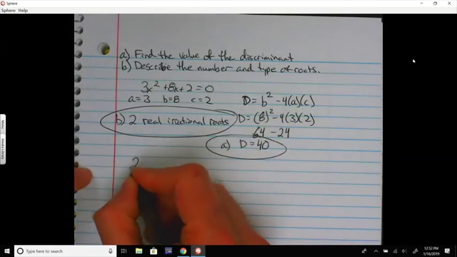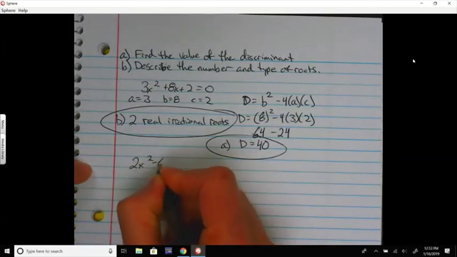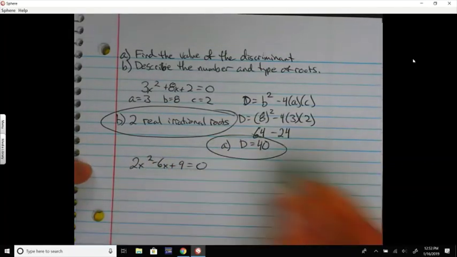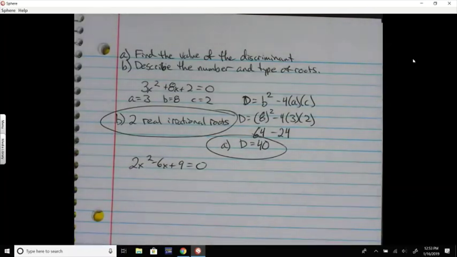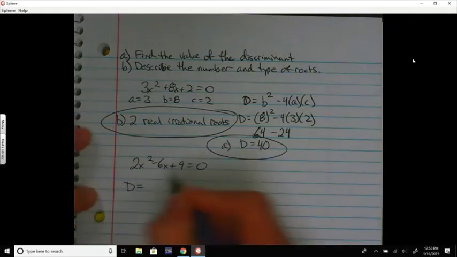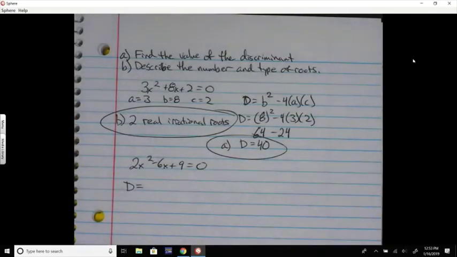So let's say they give us 2x squared minus 6x plus 9 equals 0. Because the discriminant is always going to be the first thing we calculate when we do the formula. What does the discriminant equal? And then how many roots and what kind would we have?